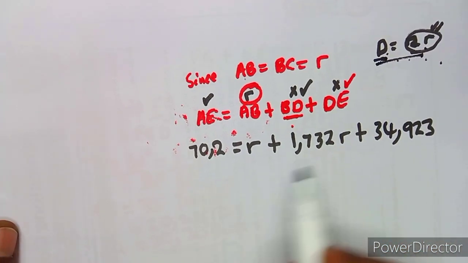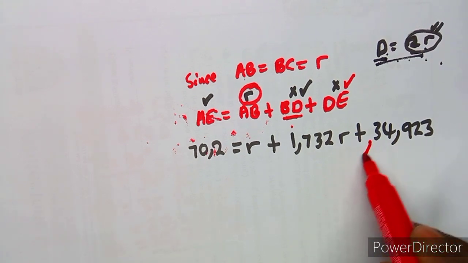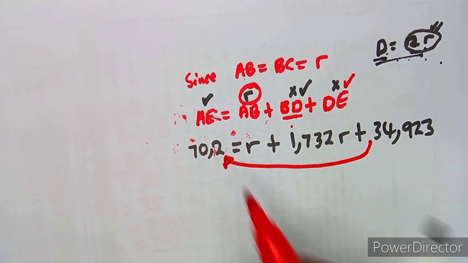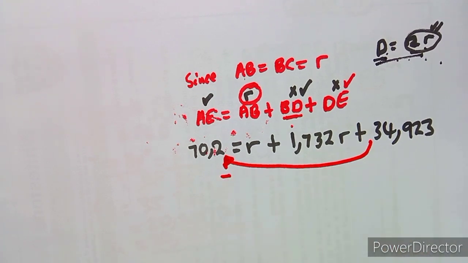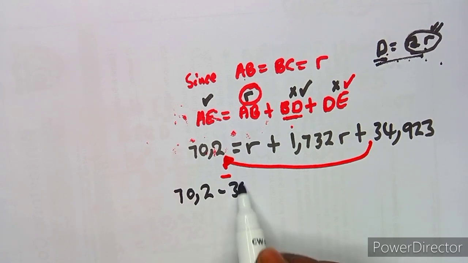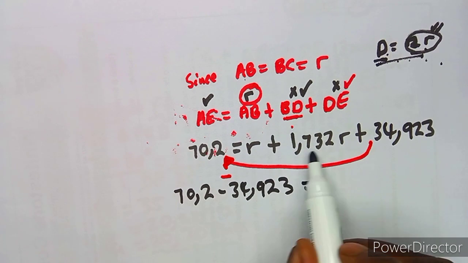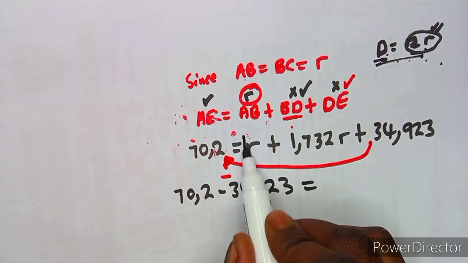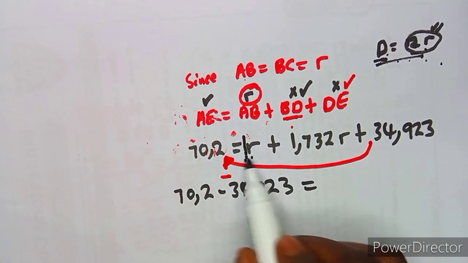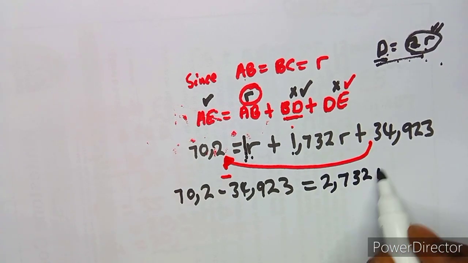So let's find R. Transpose. We are going to transpose this to the left hand side, so it's going to be a minus because it was a positive there. So it's 70.2 minus 34.923, which is equal to, we add these two, this one is same as 1R plus 1.732R, so it's 2.732R from your calculator.